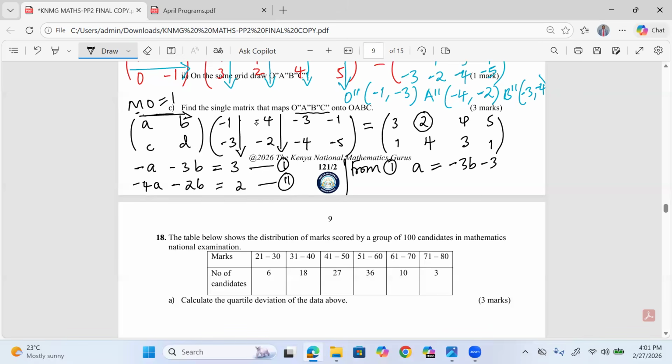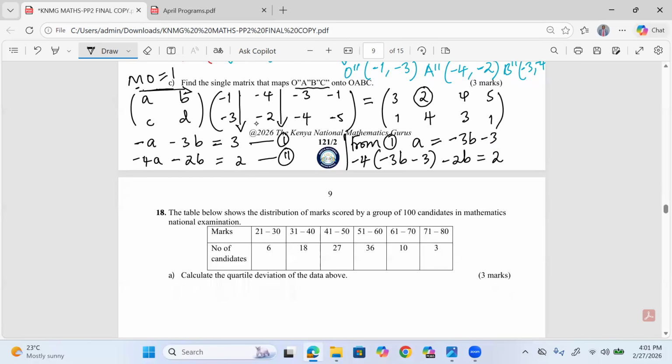So that equation 2 becomes -4 times (-3B - 3), then -2B, and this is equal to 2, that way.